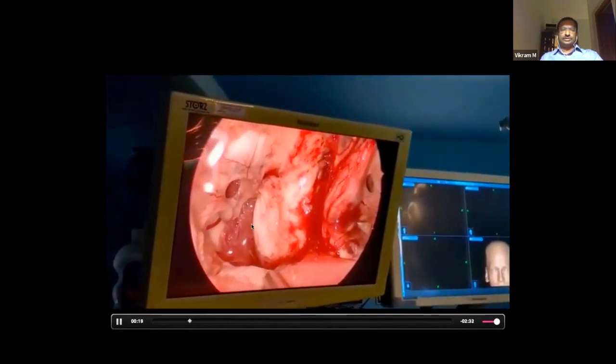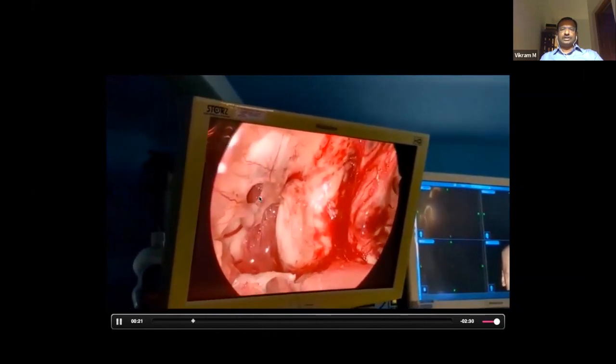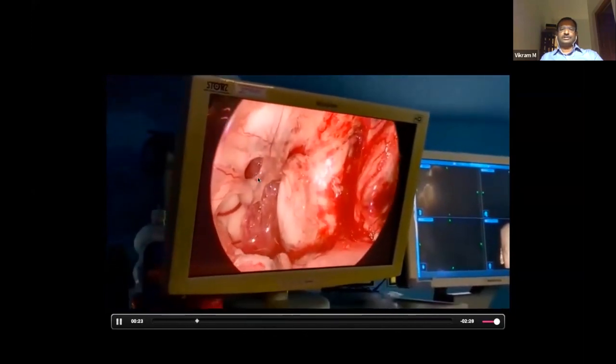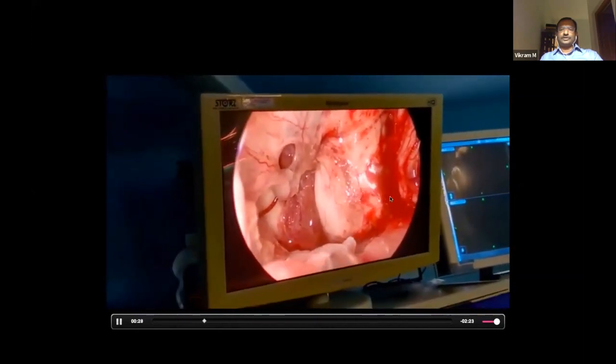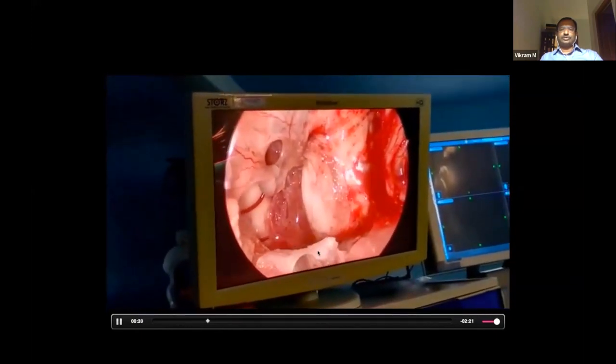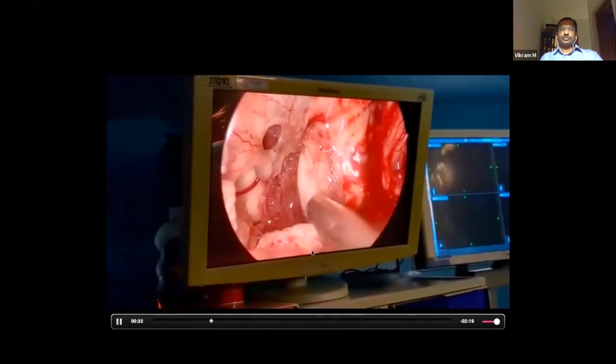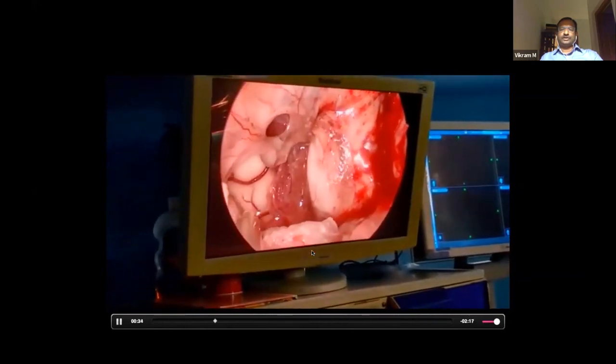So these are the ventricle with the choroid plexus, and small residual portions of the epidermoid are removed with the help of the endoscope.